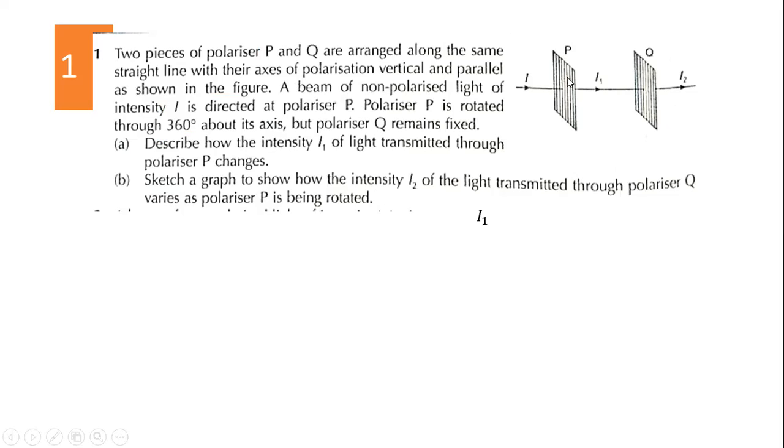A beam of non-polarized light of intensity I is directed at the polarizer P. Polarizer P is rotated through 360 degrees about its axis, but polarizer Q remains constant.